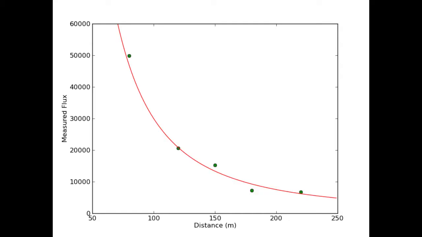So here's that 1 over r squared curve plotted over the data that we collected on Anzac Parade. And you can see that while the curve does not perfectly fit the data, it seems to reasonably explain what's going on. The reason it doesn't fit the data perfectly is because there's uncertainty, both in how far away the objects are and how we measure them, but probably more in how we measure how bright the lights appear on the detector.